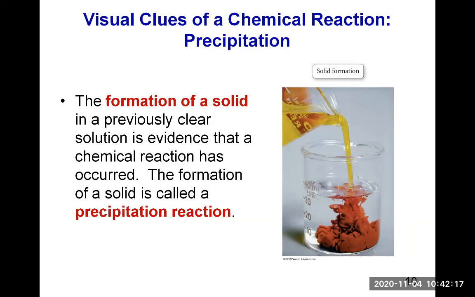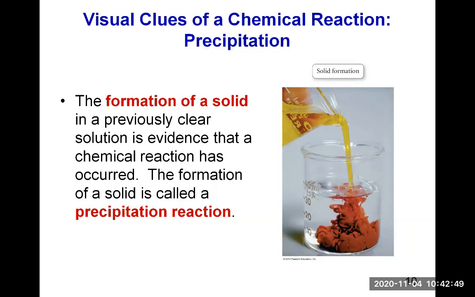Precipitation reactions are easily noticeable as well, because you see the formation of a solid in a previously clear solution. So that's evidence that a chemical reaction has occurred. And here you see the example of a brown precipitate forming in the water. In the aqueous solution, you see that the solution was clear and colorless like water, and we are mixing another clear yellow solution.